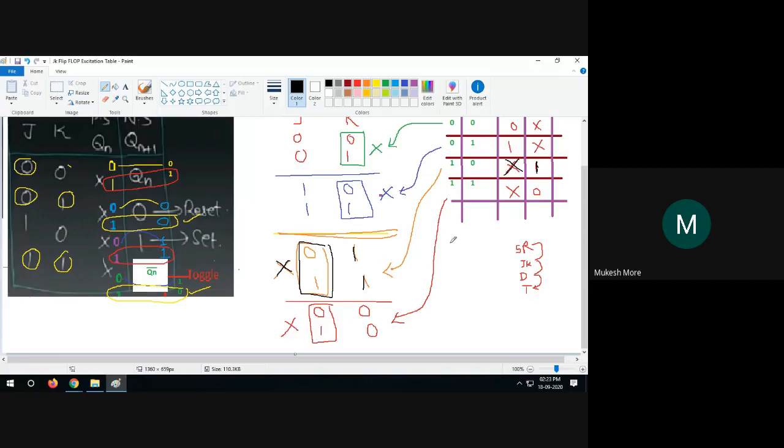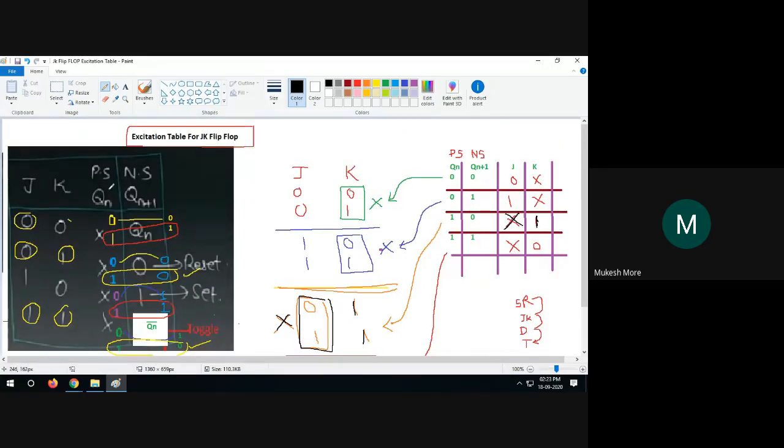And for the last, 1 1 in present state, you have to check how many times the 1 1 combination occurs. Okay. But please remember, you have to take similar values or same row values. You cannot combine diagonal values for the equation, right?